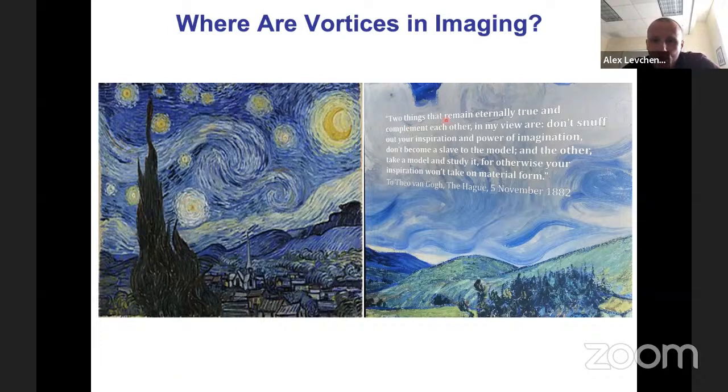He says that two things that remain eternally true and complement each other, in my view, are: do not snuff out your inspiration and power of imagination. Don't become the slave of the model. And on the other, take the model and study it, for otherwise your inspiration won't take material form.